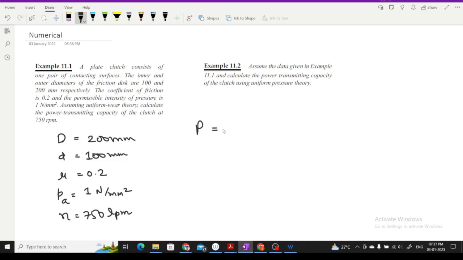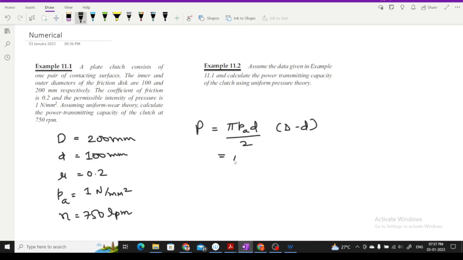Which equation are you going to use here? Pi into PA into d into (D minus d) by 2. Yeah, correct. So this will give you this force.